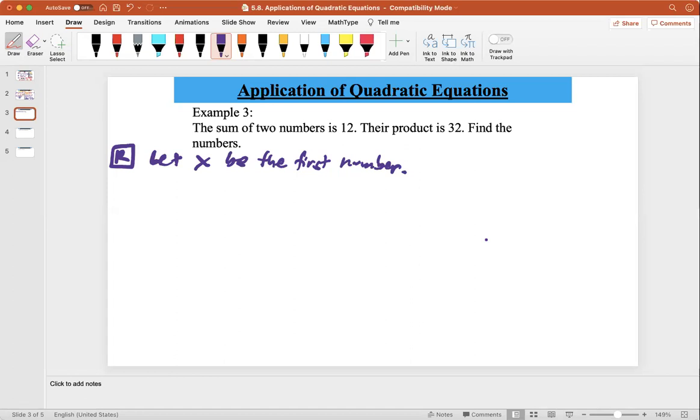But the case here is both numbers are unknown. We do not know. So what we can do is we represent the first number as x. All right, so if the sum of the two numbers is 12, and the variable we used to represent that number is x, what is the other number? Do you get the idea of how we got 7 a while ago?